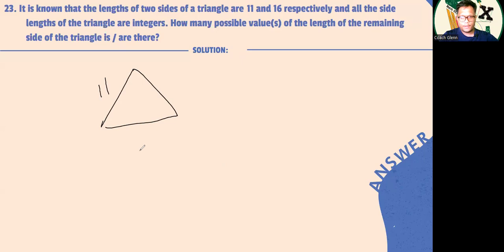So this one is 11, and then this one is 16, and then we don't know this one. Okay, so there's a trivia here. So for the third side, the largest possible is just the sum of the two. So 11 plus 16 is equal to 27. So that means the largest possible value here is 26, okay?